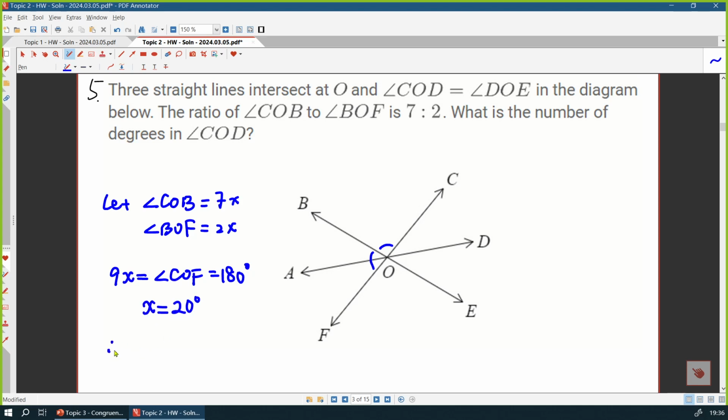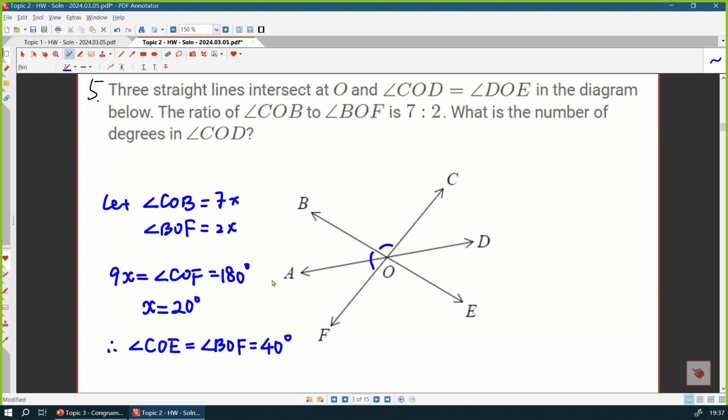Then we know angle COE equals angle BOF. Yes, angle COE equals angle BOF, which is 40 degrees, right?